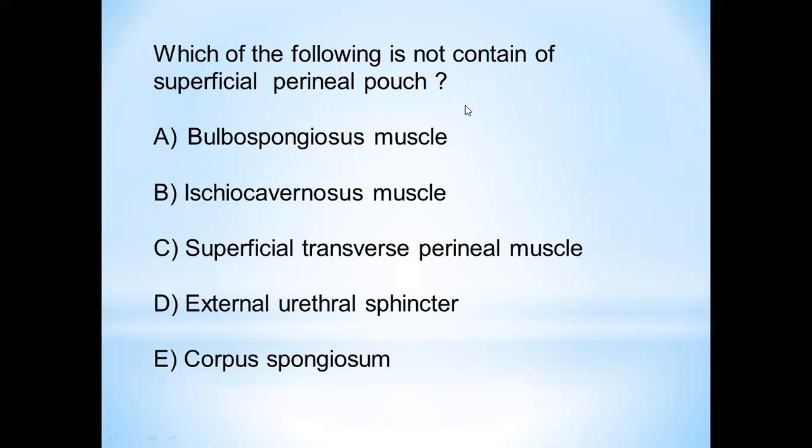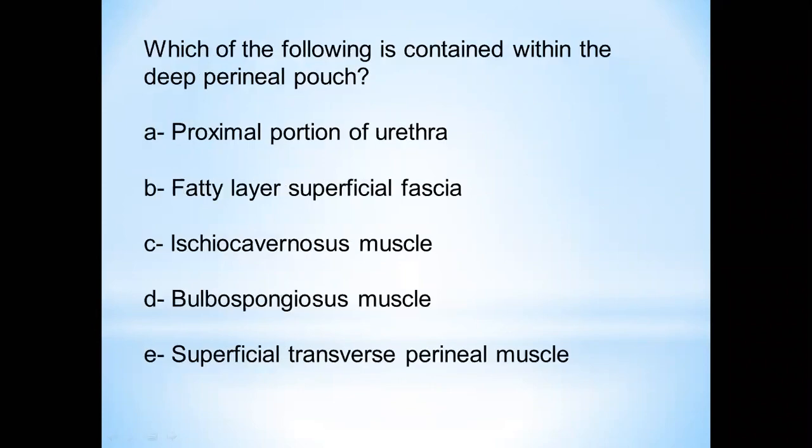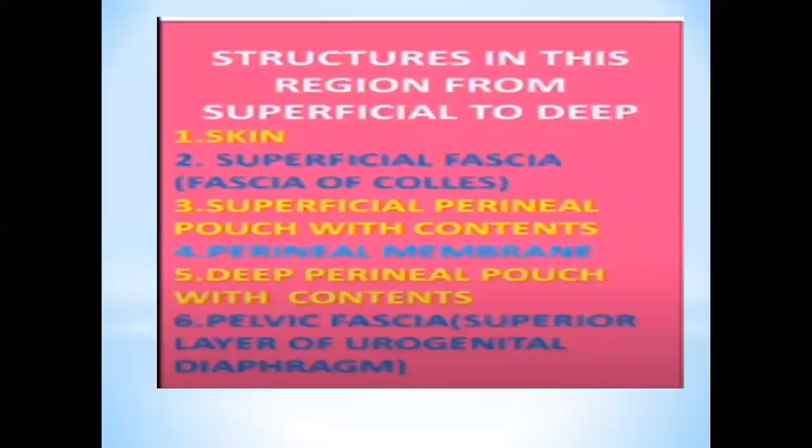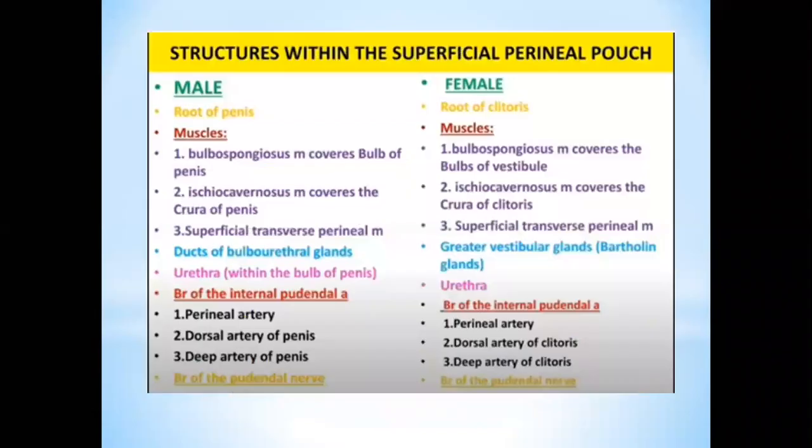Okay, let me show you the list. What is the content of the superficial perineal pouch? Bulbospongiosus is there, ischiocavernosus is there, and superficial transverse perineum is there, and corpus spongiosum is not here.